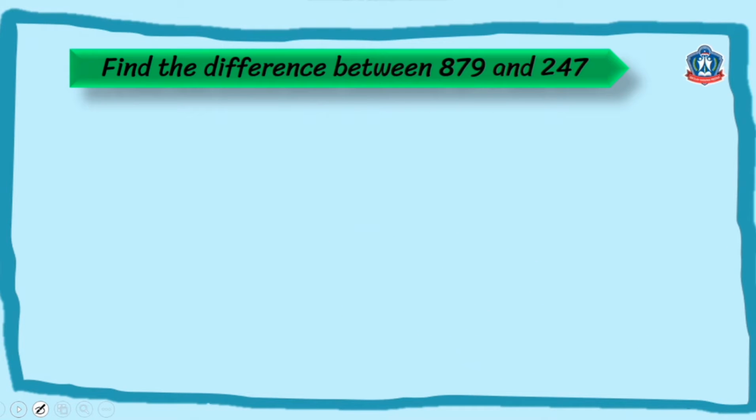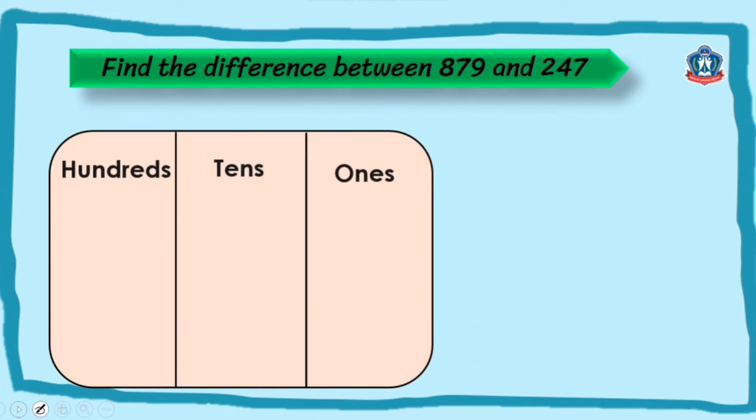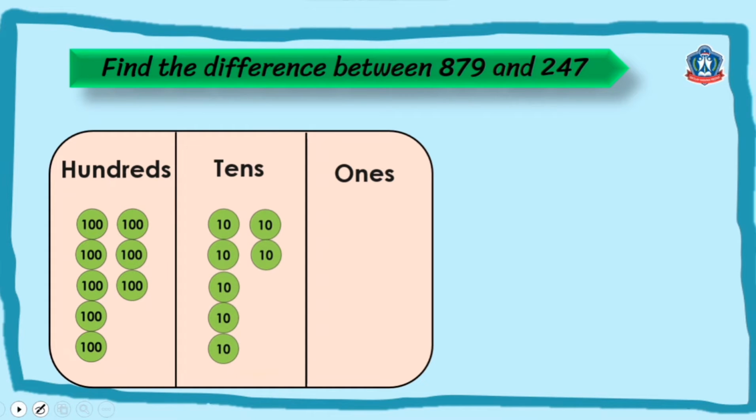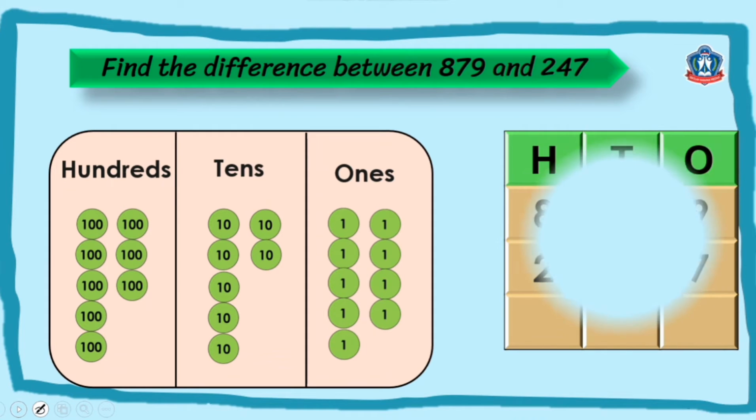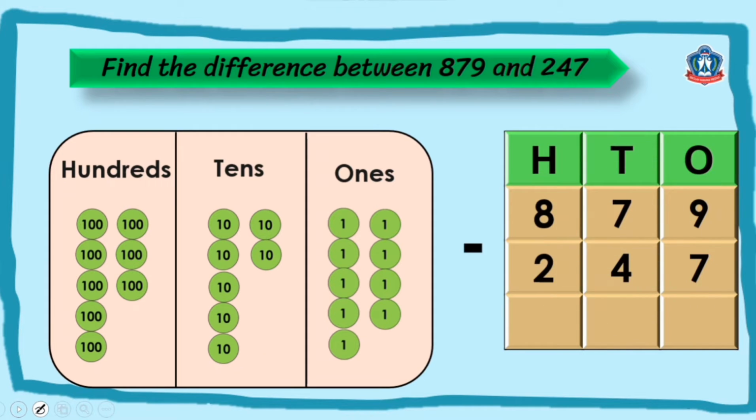Another example, children, I have here. Find the difference between 879 and 247. Again, we will put our numbers in a vertical form like this, and we will start subtracting from the ones place. So we have 9 minus 7. We take 7 and we have 2 left here.